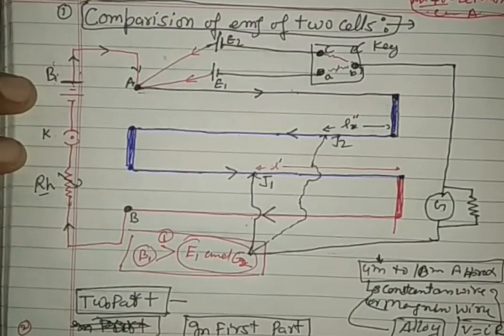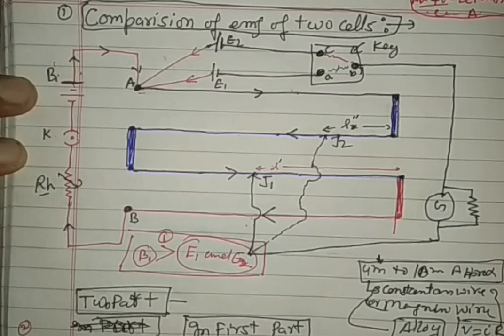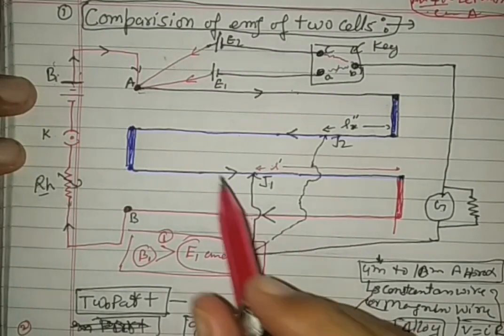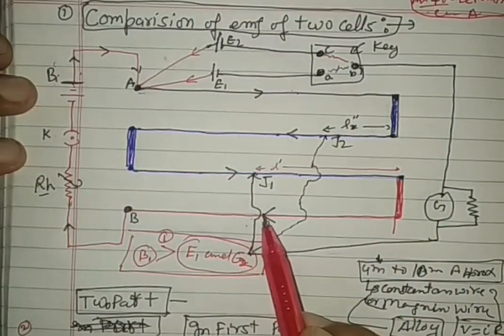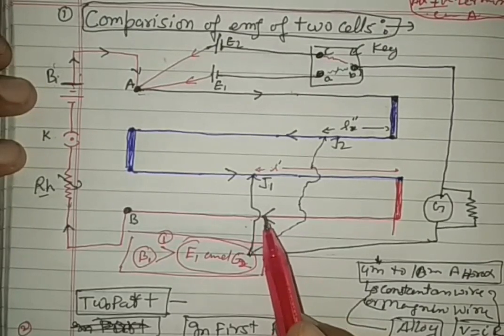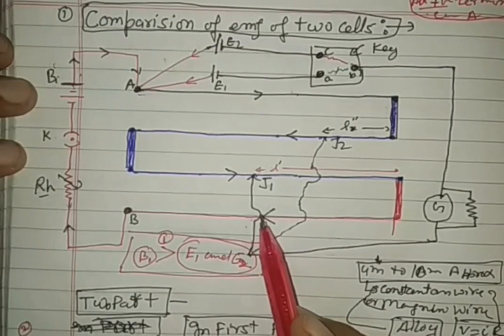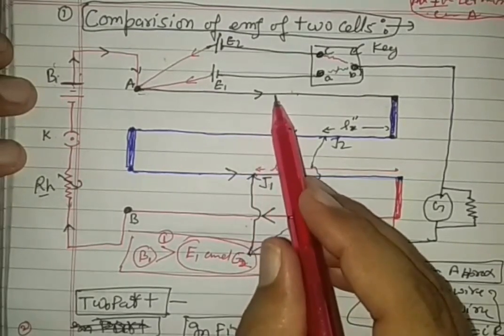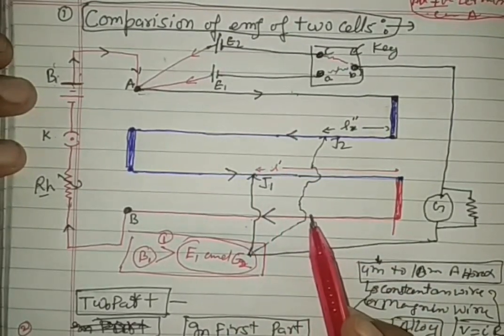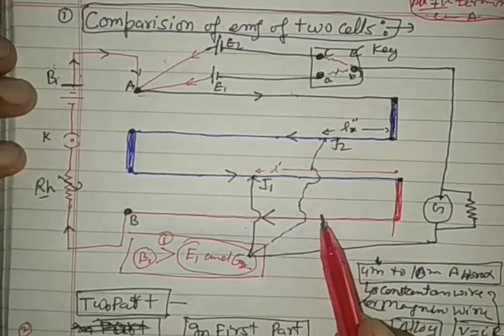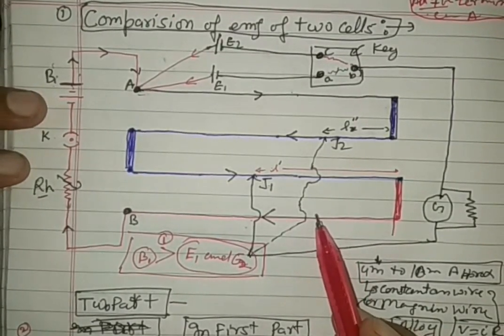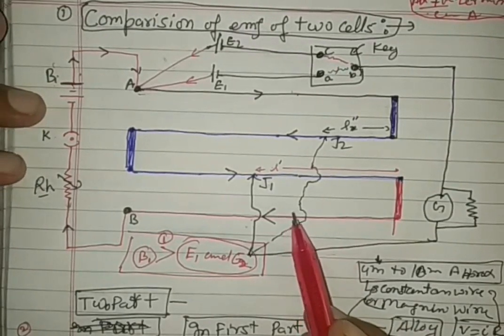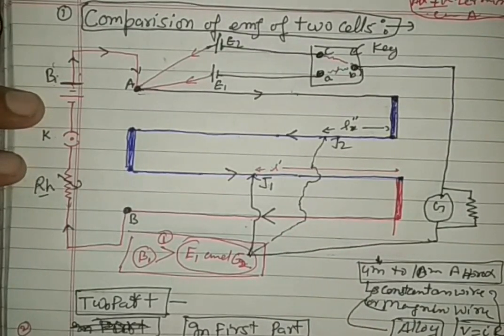Next, the fourth precaution. Examiners always ask this question in the practical exam also. In the potentiometer wire, if you want to take a more accurate measurement of the comparison of EMF of cells, we must take as long a potentiometer wire as possible. Here in the diagram 4 meter is represented. We can take up to 10 meter also to increase the sensitivity.